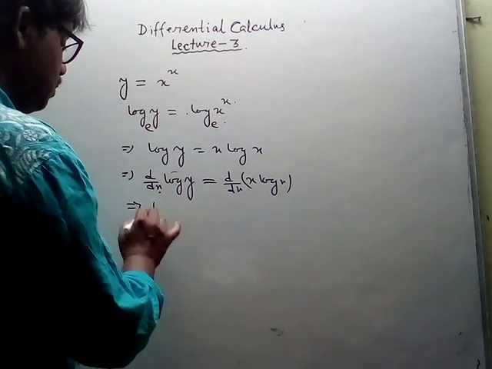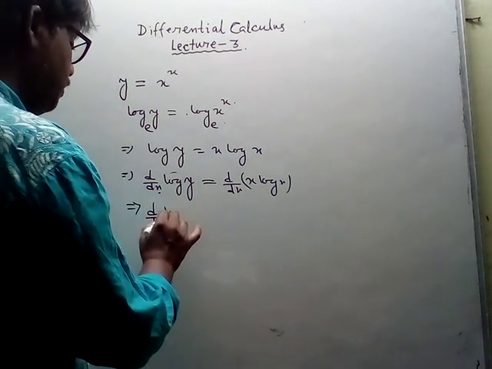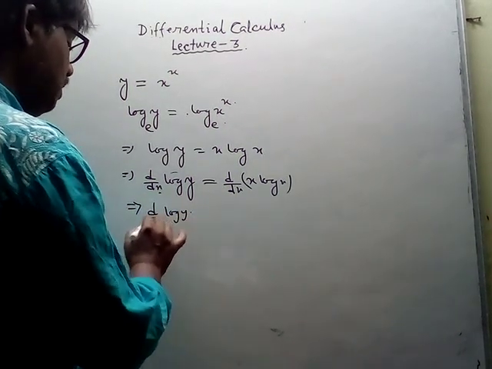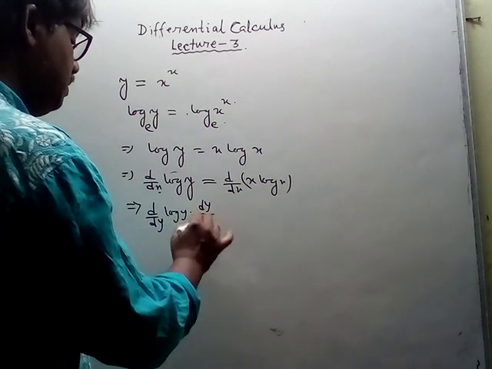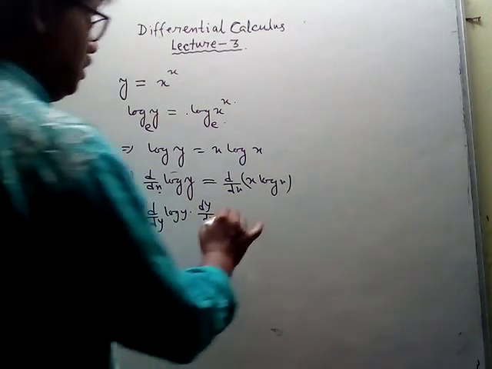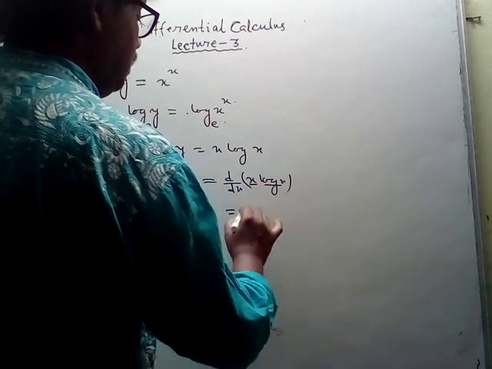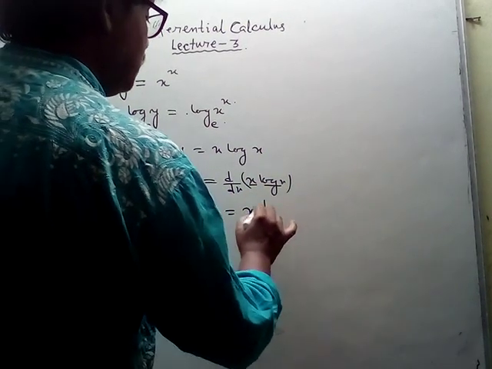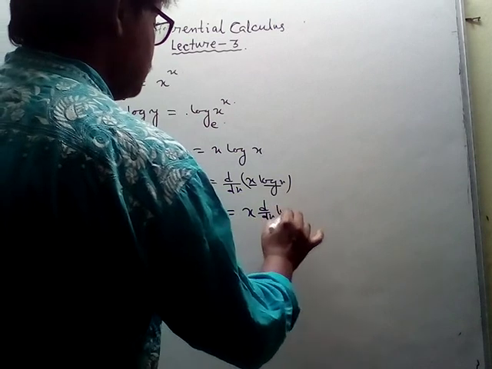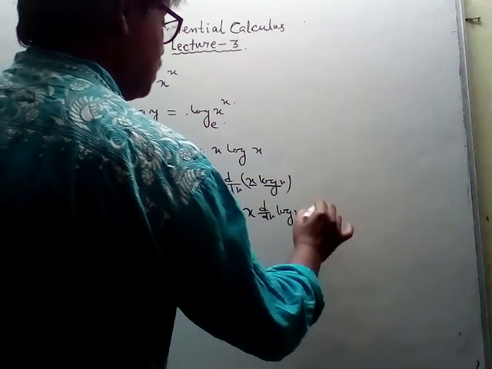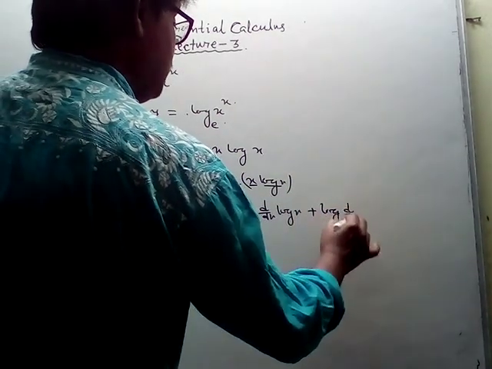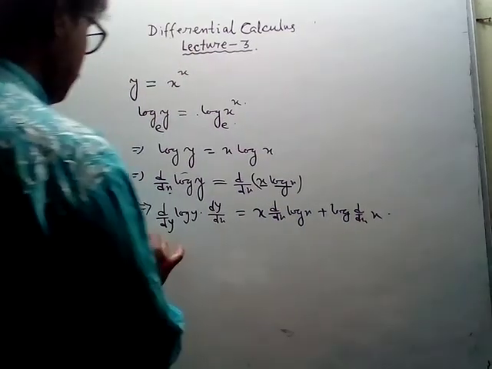So we make it differentiation with respect to y by the chain rule: d/dy of log y into dy/dx. On the right side, using the product rule, take x into d/dx of log x plus log x into d/dx of x.